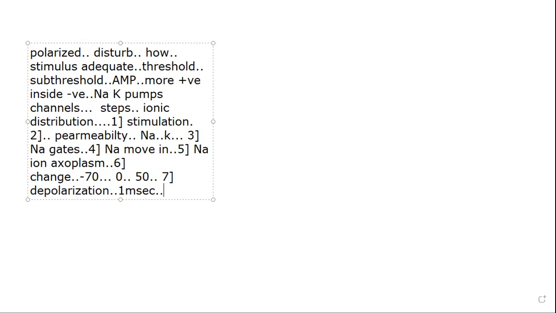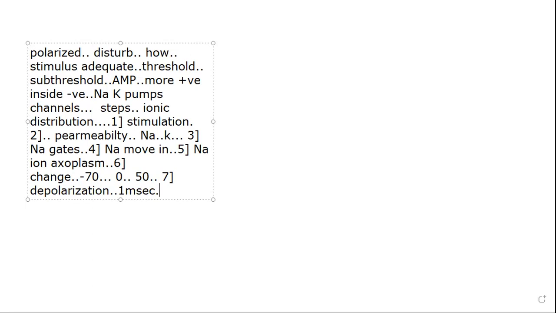But in that 1 millisecond, what happens as a result of this depolarization? The sodium gates will remain open until they are closed. After the sodium gates have opened, the sodium has moved in, and depolarization and disturbance have taken place, our neuron is said to be in a depolarized, disturbed state.